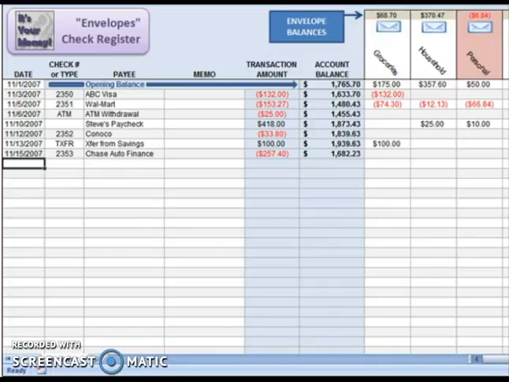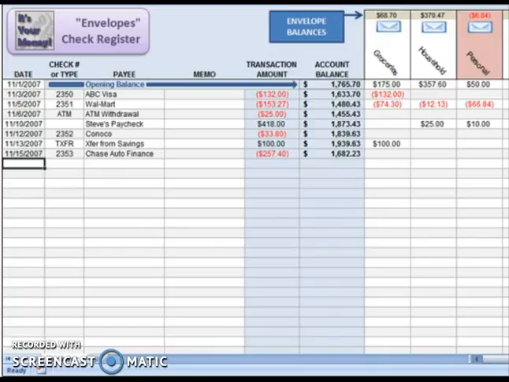And just a quick look at this spreadsheet right here. If you take a look at the personal category envelope right there, you'll see that it's negative because the initial amount that was put in there was 50, and they used 66.84.